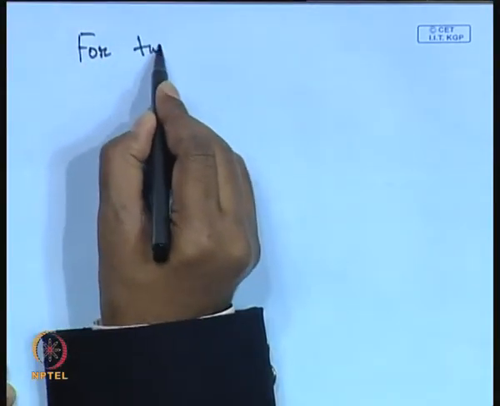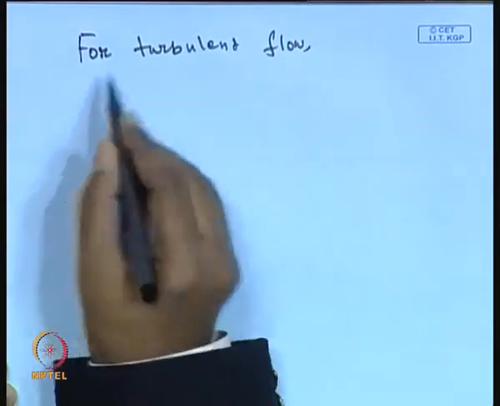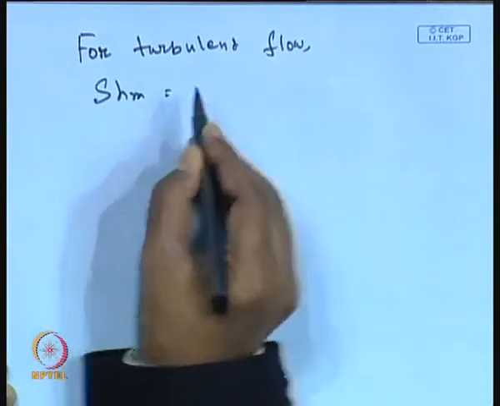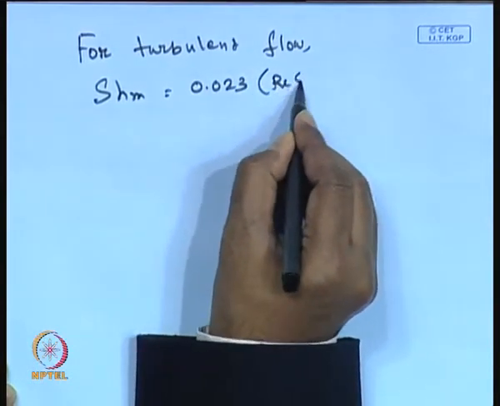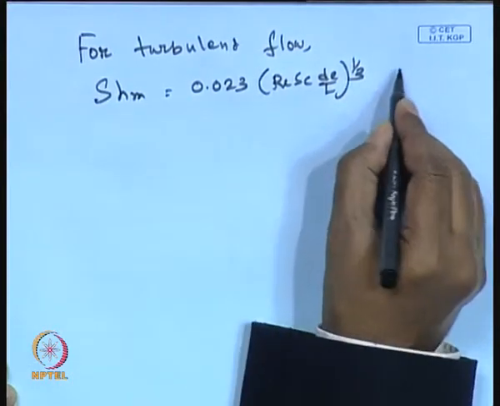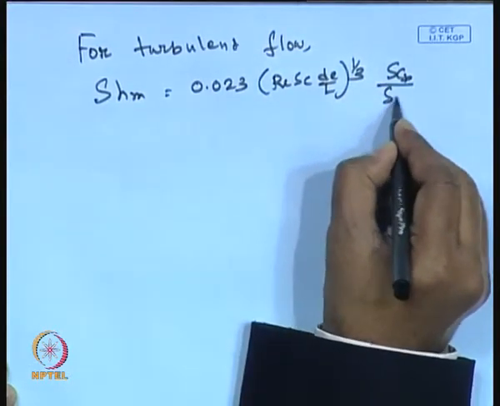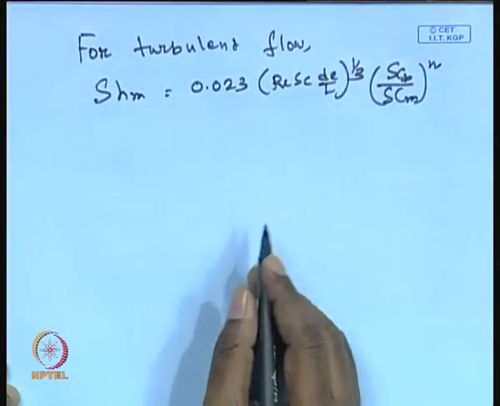So, if the flow regime is turbulent, the modified Sherwood number becomes 0.023 Re Sc d by L raised to the power 1 upon 3, times the Schmidt number at bulk divided by the Schmidt number at membrane surface raised to the power n.